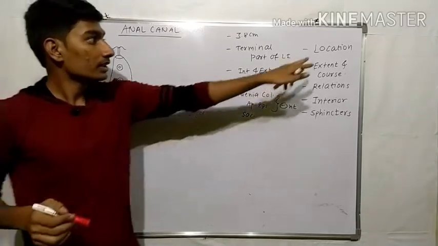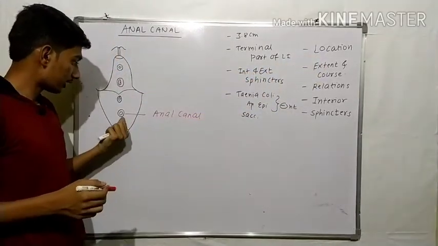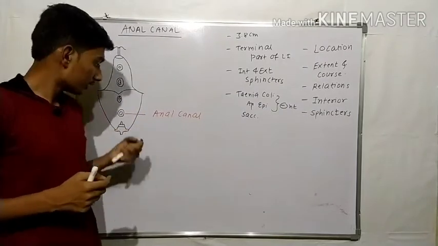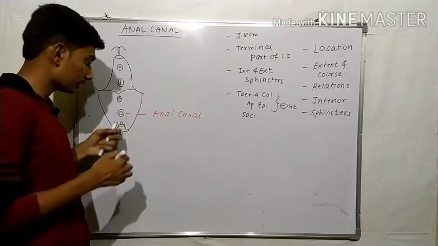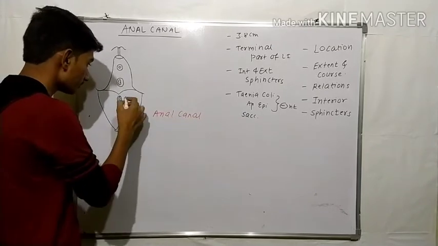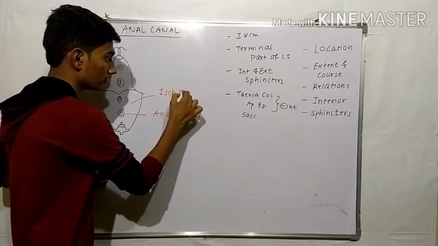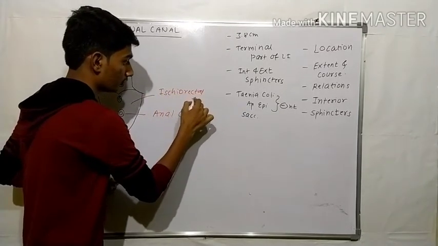This anal canal is situated in the anal triangle in the perineum, and this structure is known as the ischiorectal fossa.